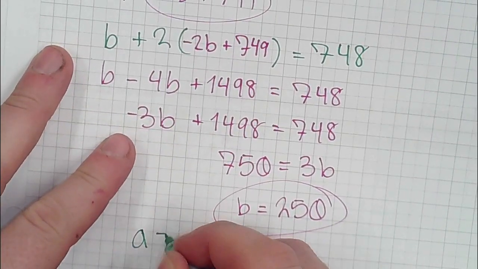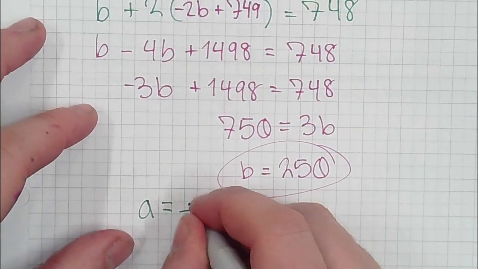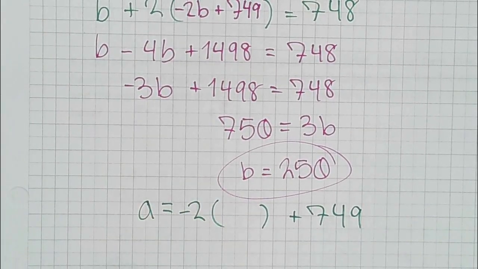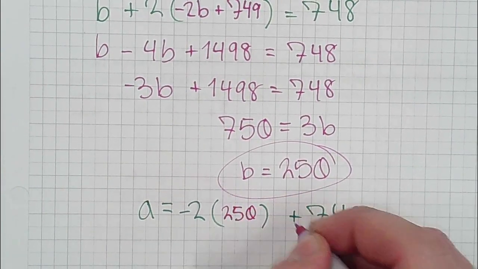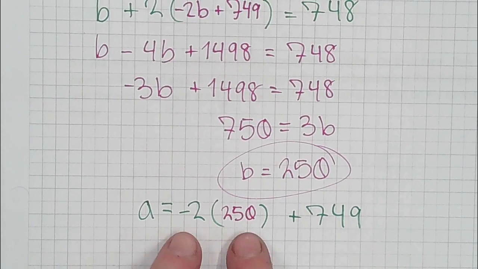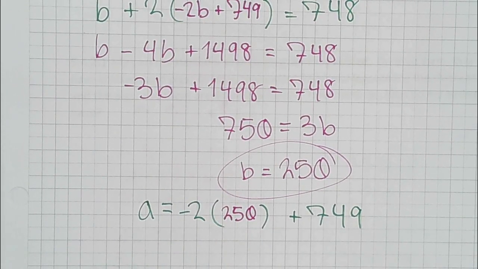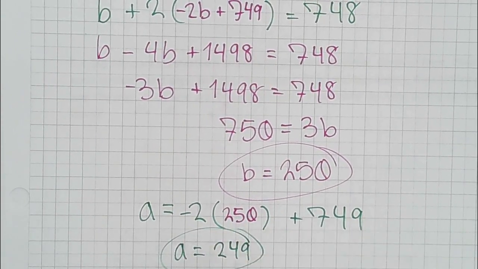So I know that the weight I'm looking for, A, is going to be equal to negative 2 times B plus 749. And now that we know that B is 250, we can figure out the value of A. So that's negative 500. So negative 500 plus 749 gets us 249. So Tweedledee and Tweedledum are 1 pound apart.